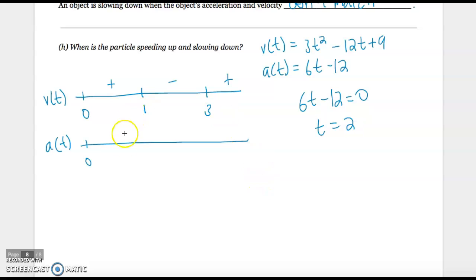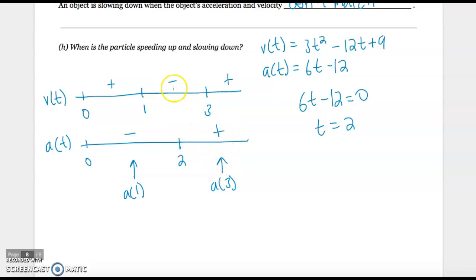And so t equals 2. So I know that at 2, my acceleration equaled 0. That means before and after it changed. So let's test our acceleration. If I find a of 1 and a of 3, a of 1 would give me a negative number, and a of 3 would give me a positive number.